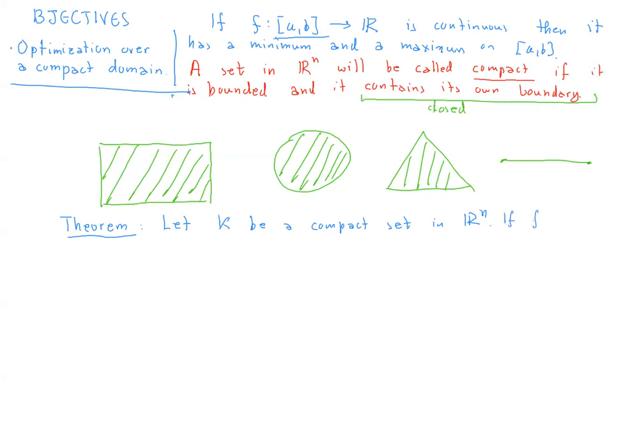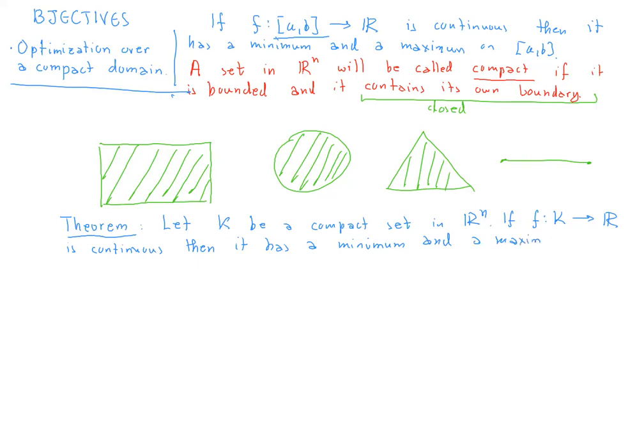If f from K to R is continuous, then it has a minimum and a maximum. And by that we mean a point.